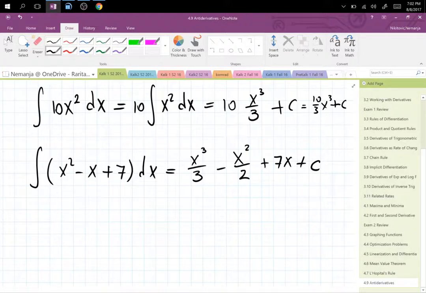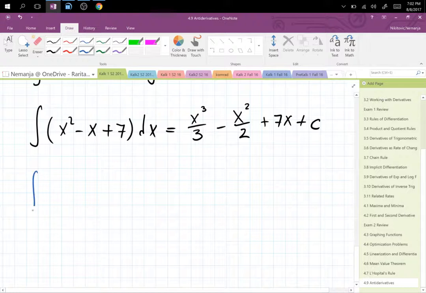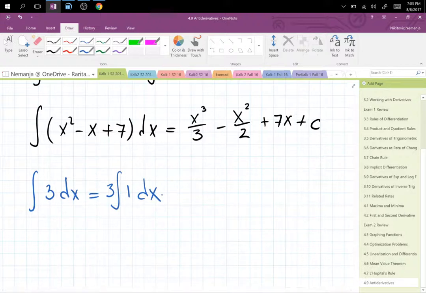How did I get 7x there? Here's a little calculation that you can run. Let's say you have to take the integral of 3 dx. Do we all agree that I can write it this way? I kick 3 outside and I leave number 1 inside the integral, right?